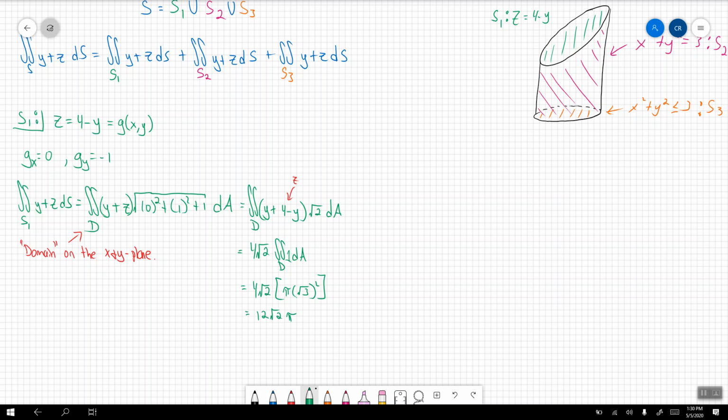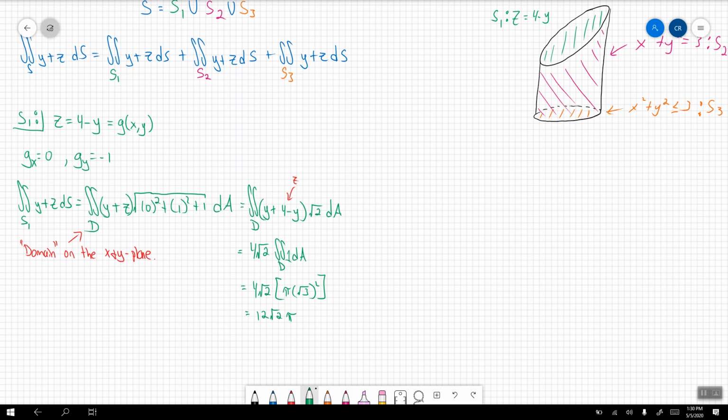Now we're going to work on the second surface, and the second surface is going to be the body of that cylinder. This is where we're going to have to do a lot of the legwork, because it's not going to be as straightforward. So we're going to choose to parameterize this cylinder, simply because we don't want to use it in explicit form.